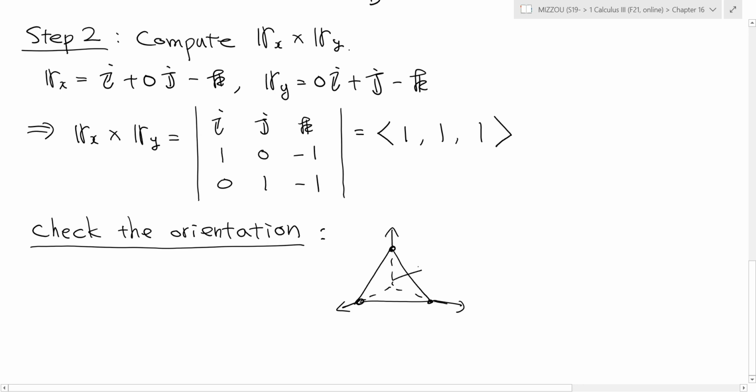The vector 1, 1, 1 is a vector like this way. And this is upward orientation, so to speak. So therefore we can use this one.